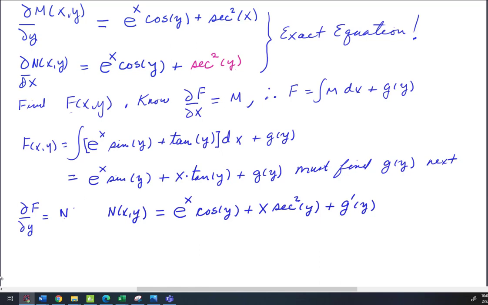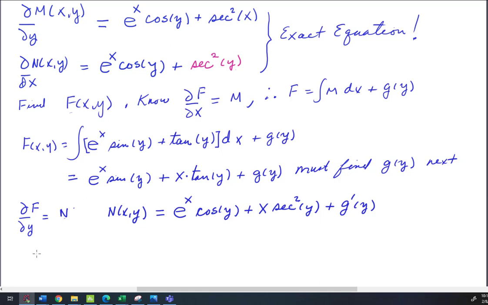Now, you might think, well, we didn't do ourselves much good there because I've still got a function g of y that I don't know, and now I've got its derivative in here. But this is a differential equation, and we're all about solving differential equations. And so let's rewrite this, replacing n of xy with what it really is.